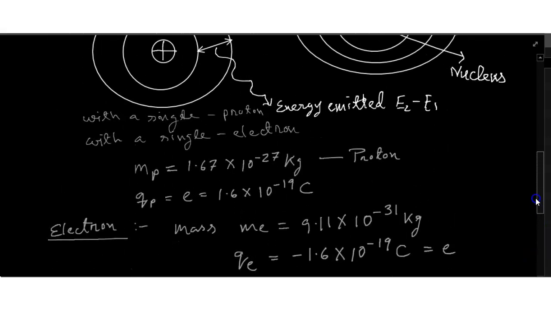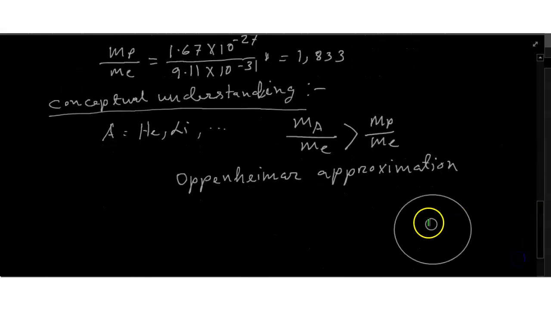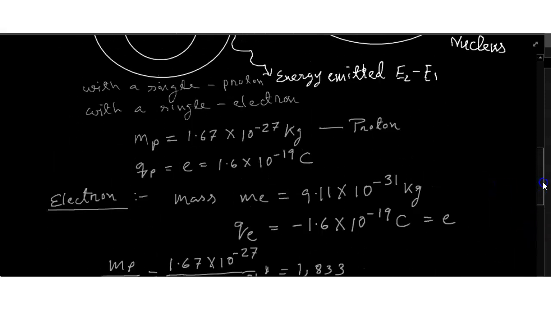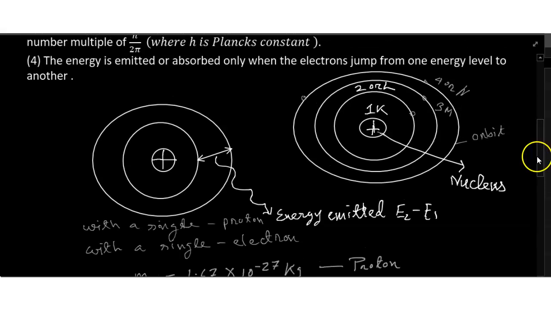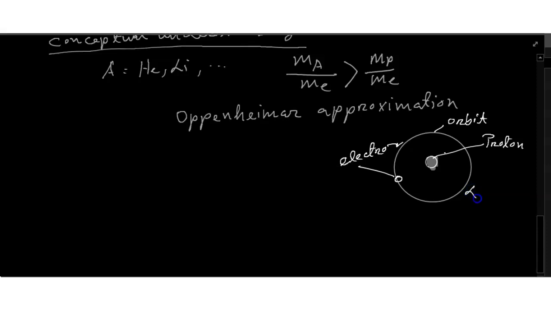So friends, in the hydrogen atom, according to the Bohr postulates, this is the proton, and this is the electron, one electron. This is called the orbit, this orbit is the L shell.